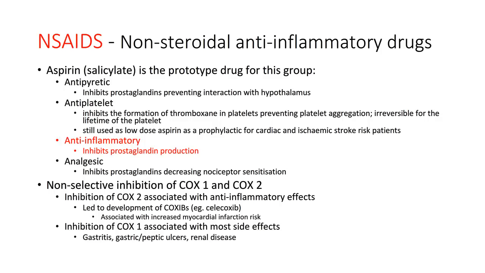We know that the inhibition of COX-2 is associated with reducing inflammation, and the inhibition of COX-1 is associated with most of the side effects of these drugs. Consequently there was a development to try and create an inhibitor that only inhibited COX-2, and that brought about the group of drugs called the COXIBs.